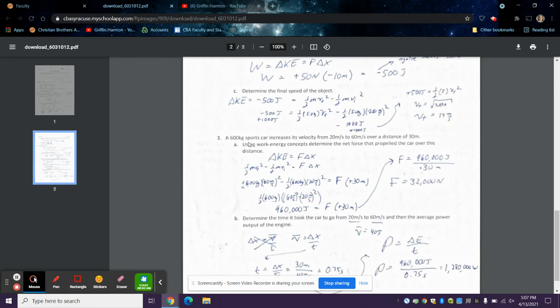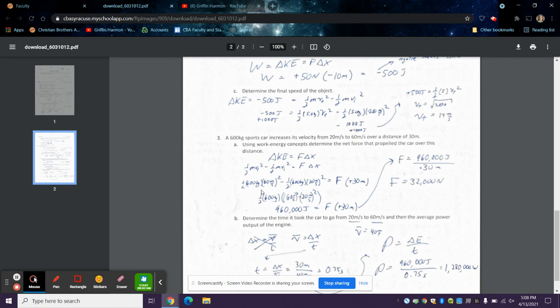The last one here: a 600 kilogram sports car increases its velocity from 20 to 60 meters per second over a distance of 30 meters. Using work energy concepts, determine the net force to propel the car over this distance. This is one where you can't just find F delta X because you don't know the force. But since you know the initial and final velocity, you can find the initial and final kinetic energy.